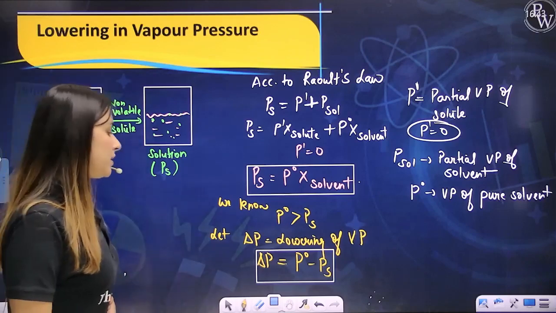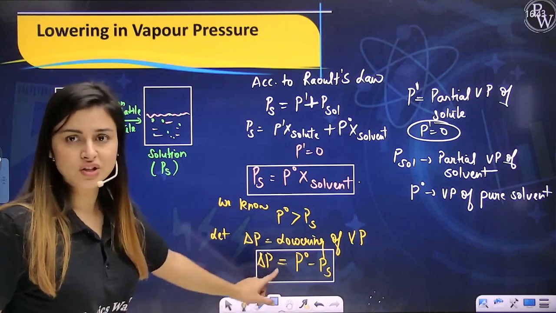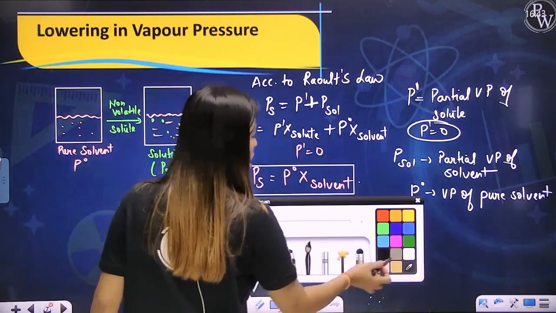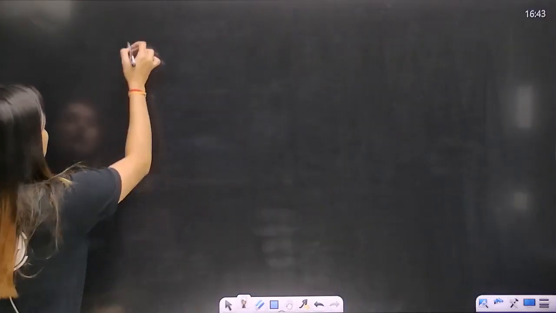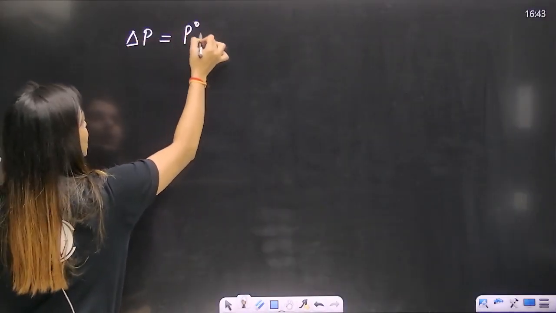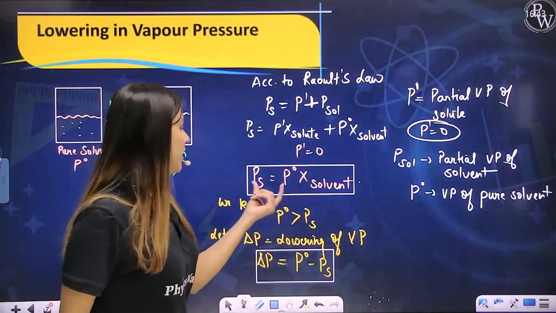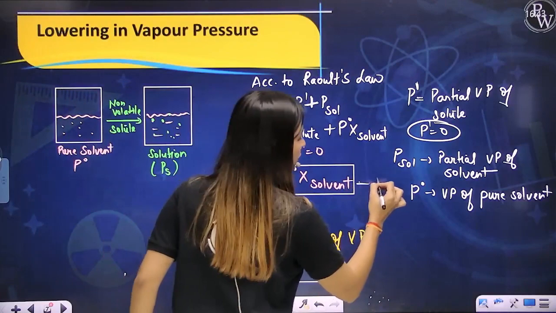Now my dear students, let's use this equation, which lowering of vapor pressure we just calculated. Delta P, which is your lowering of vapor pressure, is equal to P naught minus PS. You just calculated the PS value. This is your first equation.